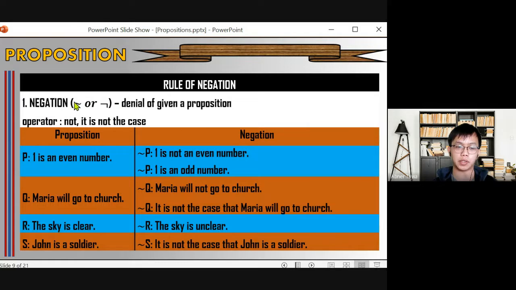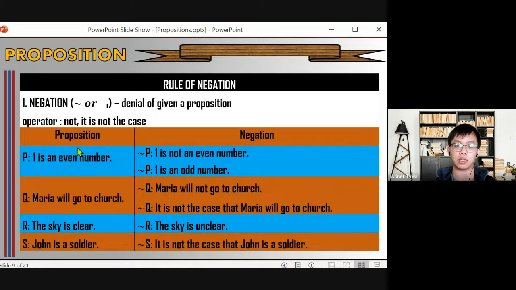In our case, we're going to use this as our symbol. Again, negation is the denial of a given proposition. The operator for that is the word not, or the phrase it is not the case. But sometimes you cannot find the word not or it is not the case, as long as you negate the meaning of the proposition.